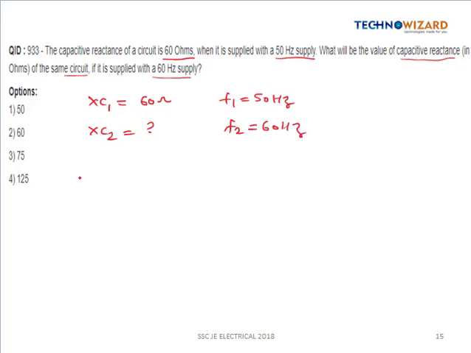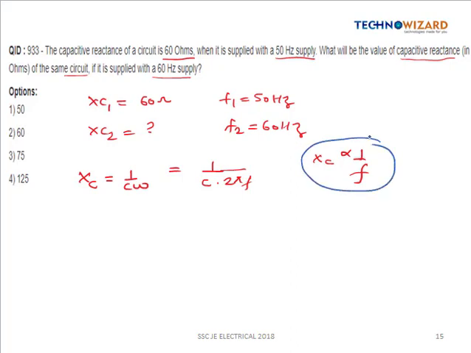So we know that the capacitive reactance is given by 1 by C omega, which is equal to 1 by C. Omega is 2 pi f. It means the capacitive reactance is inversely proportional to the frequency. Okay, so this can be written as XC1 by XC2 will be equal to F2 by F1 because it is inversely proportional.